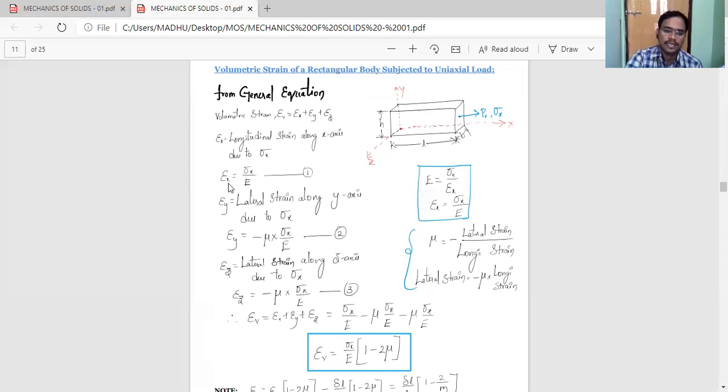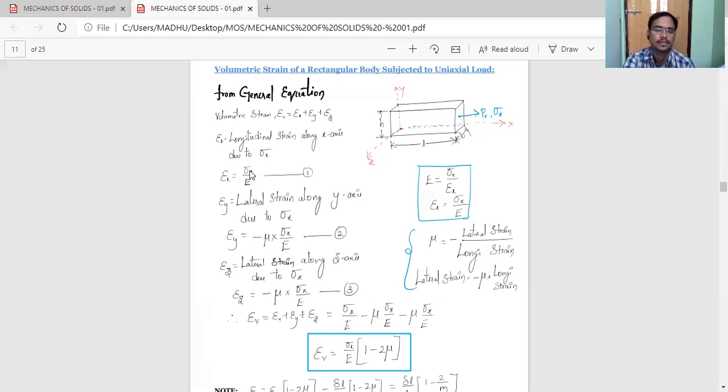Now epsilon x is sigma x by E. Actually epsilon x is a primary, direct, linear or longitudinal strain, in the direction of the applied load, that is Px.